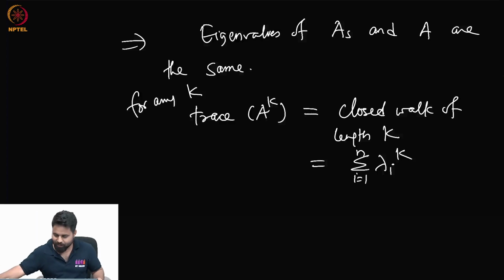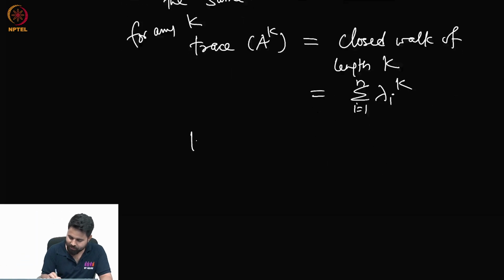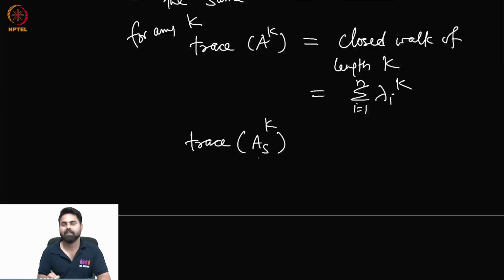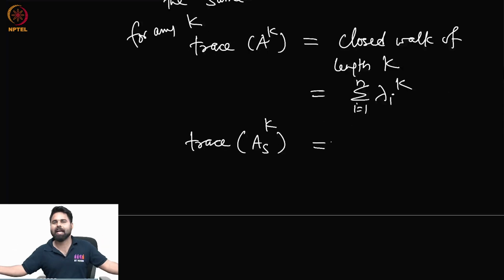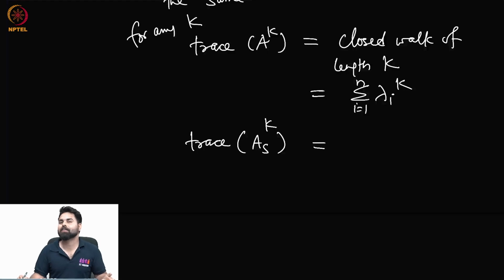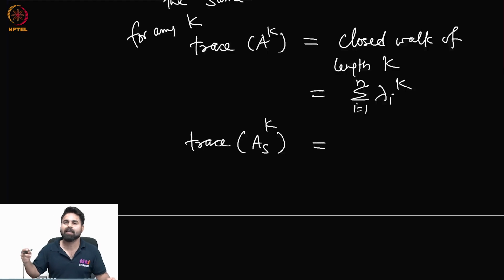Now what about the trace of A_s to the power k? If you see carefully, for any weighted adjacency matrix, A to the power k will give you the weighted closed walks of length k. The weight of a closed walk means the product of the weights of the edges on the cycle.